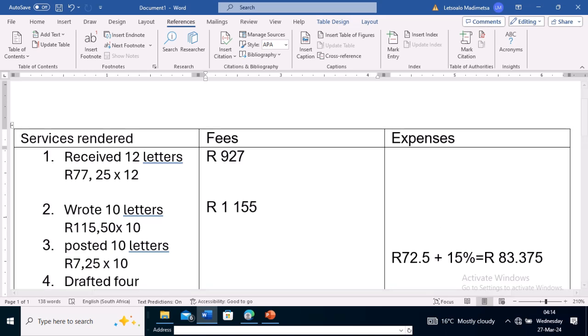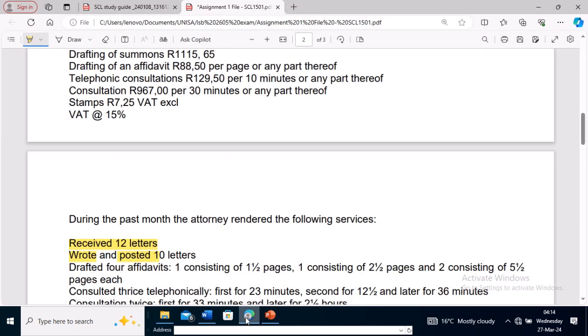And then let's move to the other one. Number 3. They state that for affidavits, they drafted 4 affidavits. So we're going to check.